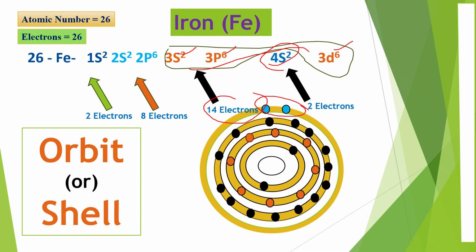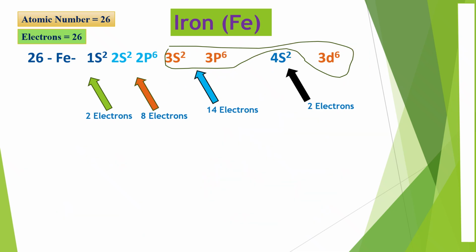Sometimes you get one simple doubt. After 3p, why do electrons enter into 4s instead of 3d? What is the reason behind that? I explained in a previous video. Please go through that.